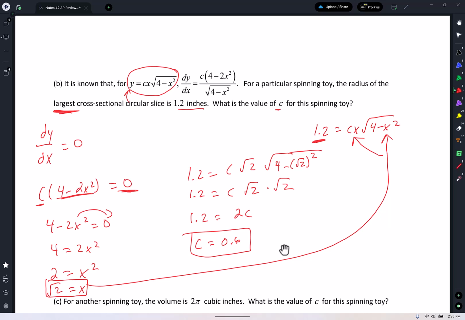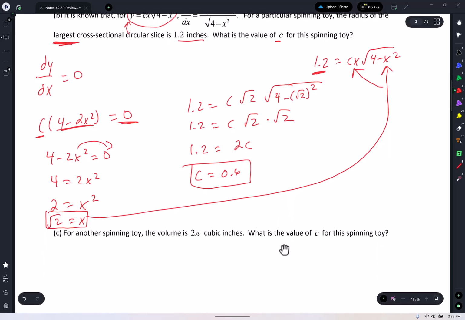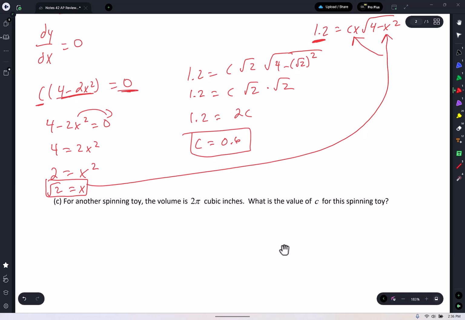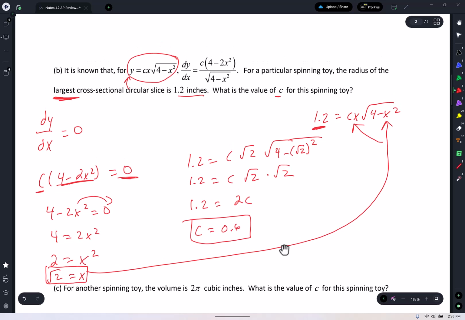How are we feeling, guys? You don't like it? Okay. Tell me again why we got the derivative. Because that's where I have the biggest, that's where I have the max.